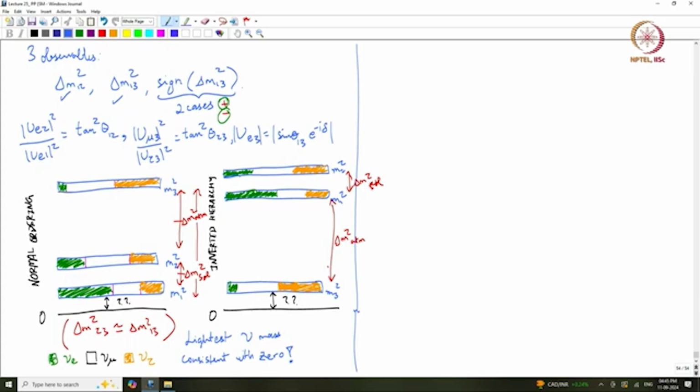We know the delta m squareds. There is one other thing we do know, okay, and this is another piece of good luck that we have in how these calculations come about, how the experiments are done. We do know bounds on the total mass of neutrinos. Okay. So, what do I mean?